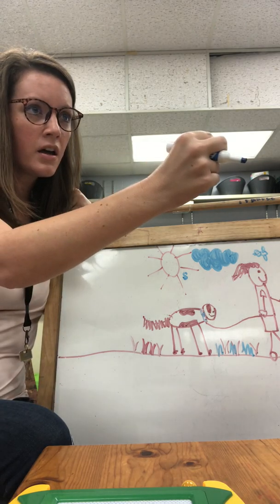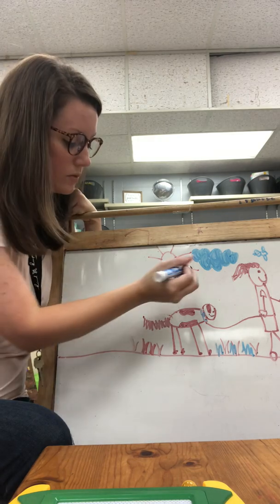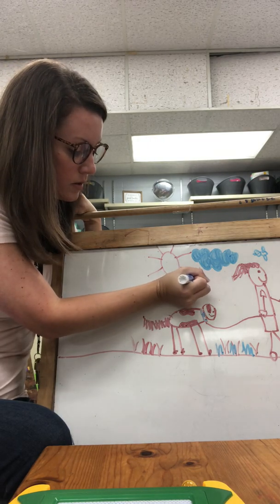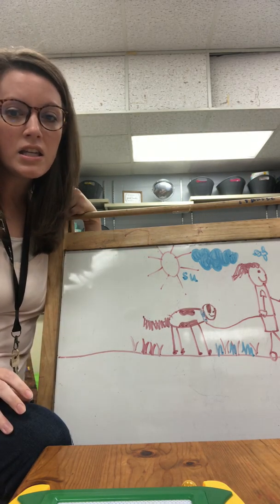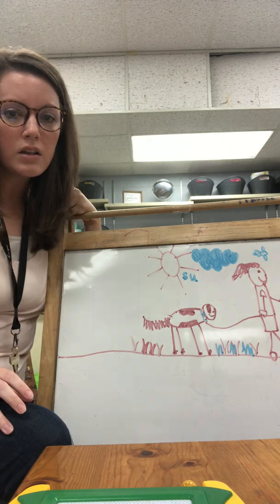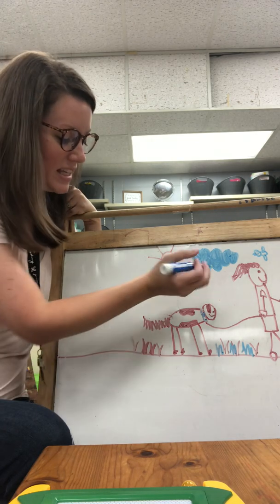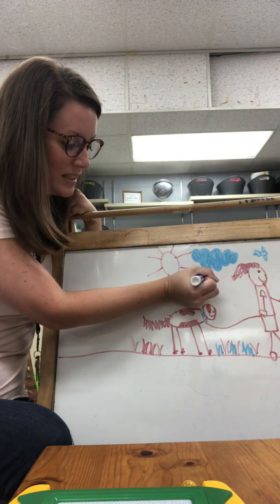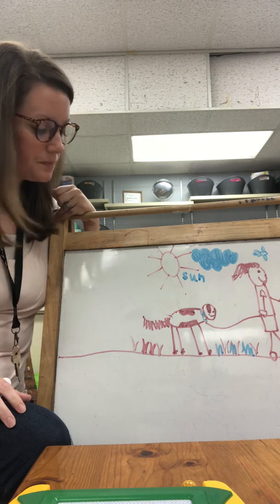What letter says U? It's a U. That's right. Here's my U. All right. Sun. What letter says N? That's right. It's an N. The N says N. Okay, so I labeled the sun in my picture.